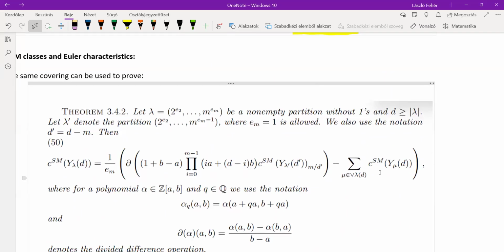So you have this smaller partition, and you make this funny substitution, and you multiply with something which looks like an Euler class. So this product is like the Euler class of something, and you have this extra part, which is like the Chern class of a line bundle, if you wish.